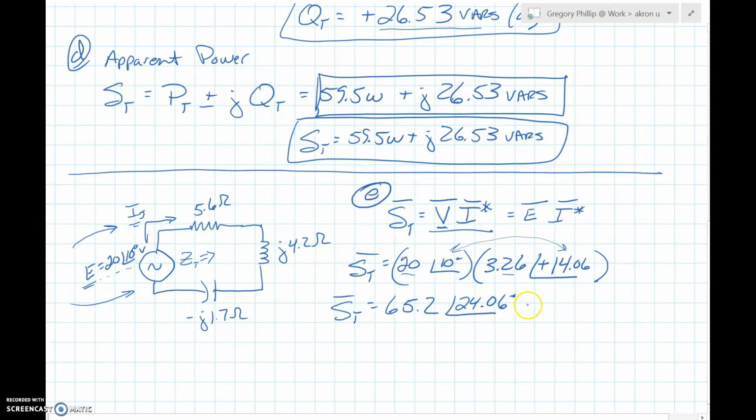And those units are VA. I see I made a mistake up here. This should be VA. These are not VARs, those are VA. And that's in polar form.